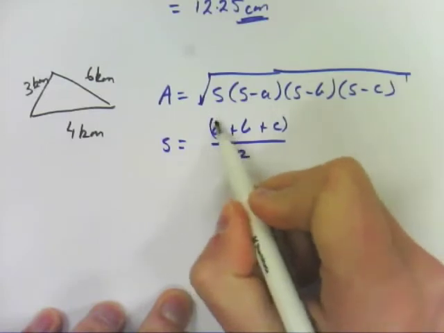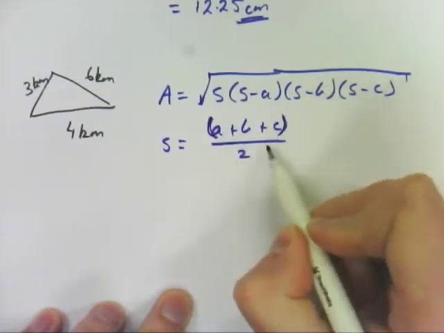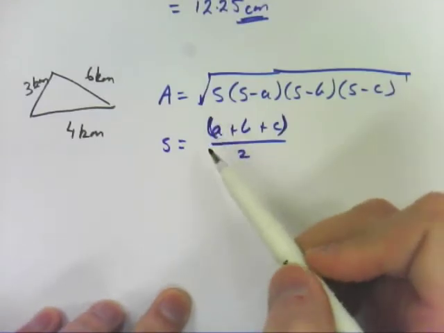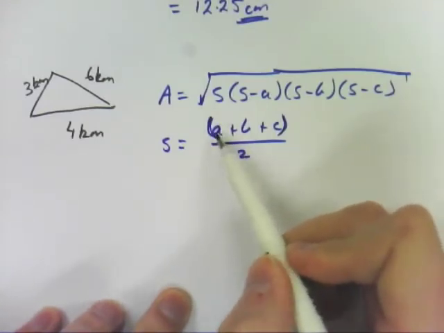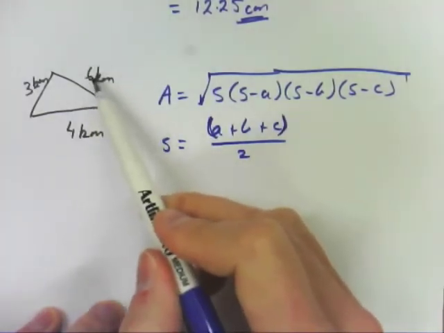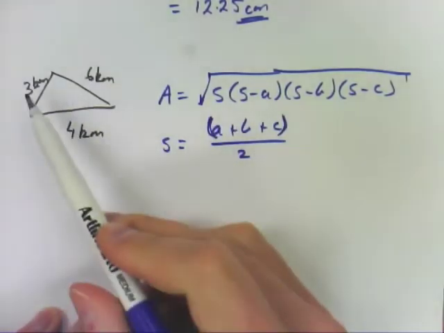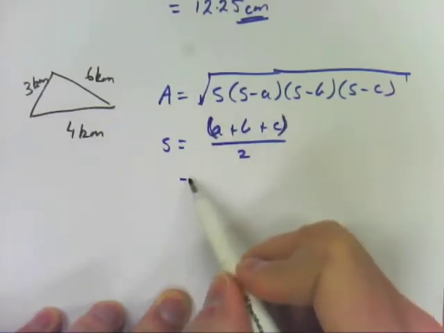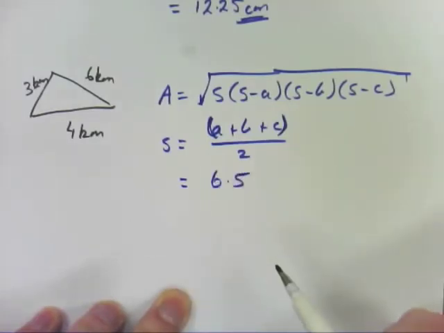On your calculator, the reason I keep putting brackets on here is because this is something that people tend to do wrong. On these new whiz-bang calculators, if you just do 4 plus 3 plus 6 divided by 2, it'll only do the 6 divided by 2, not the total. So you need to do 3 plus 4 plus 6 in brackets to make sure you're doing that right, and then divide that by 2. So that comes out at 6.5.